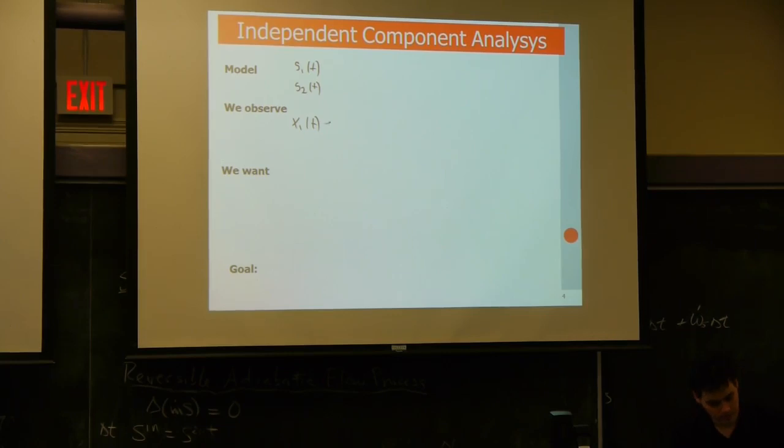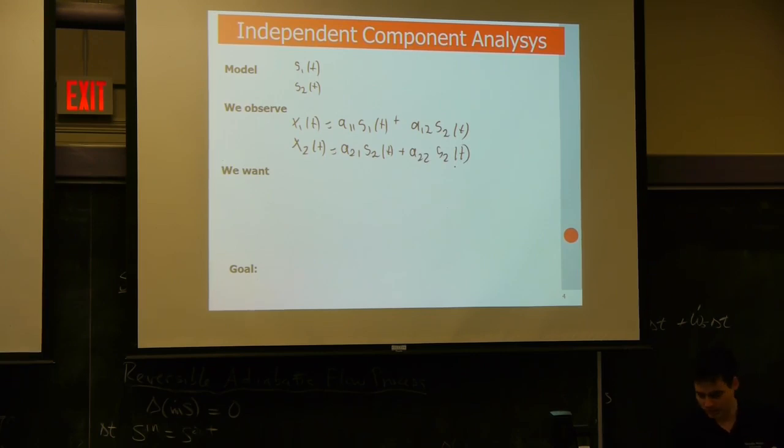Say x1t is A11 S1t plus A12 S2t, x2t is A21 S1t plus A22 S2t.